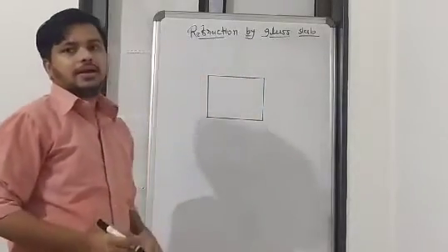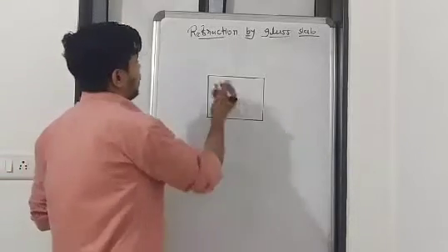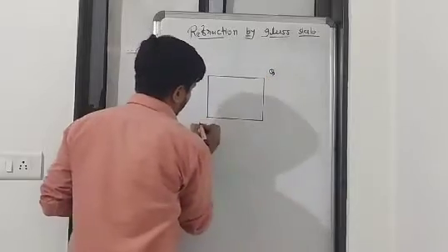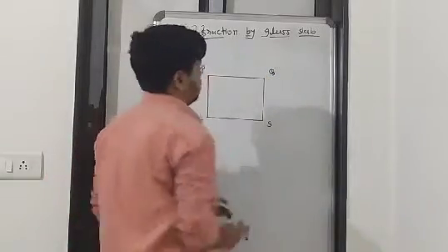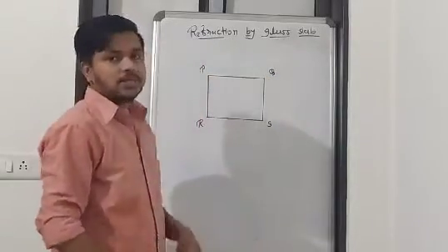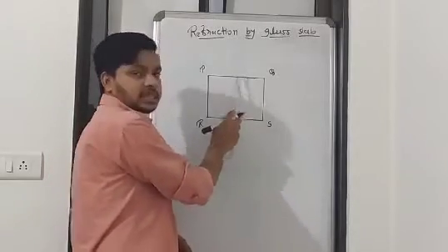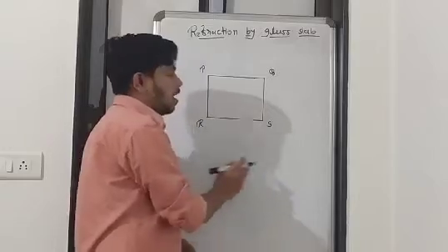Here it is, the glass slab. I am naming it P, Q, R, S. This glass slab has two edges named PQ and RS.